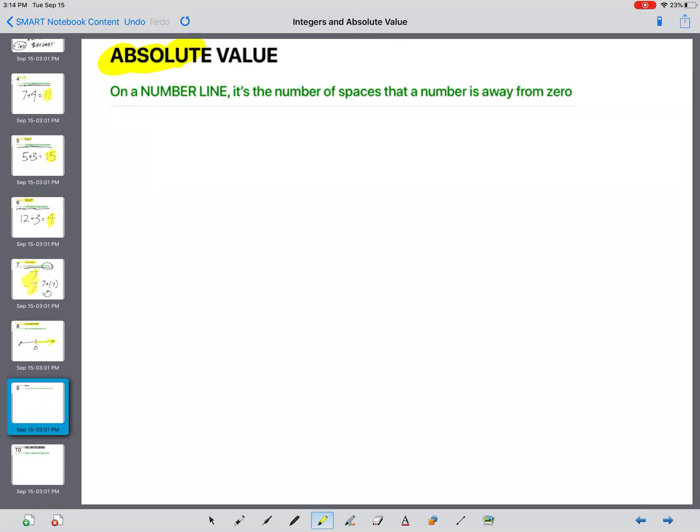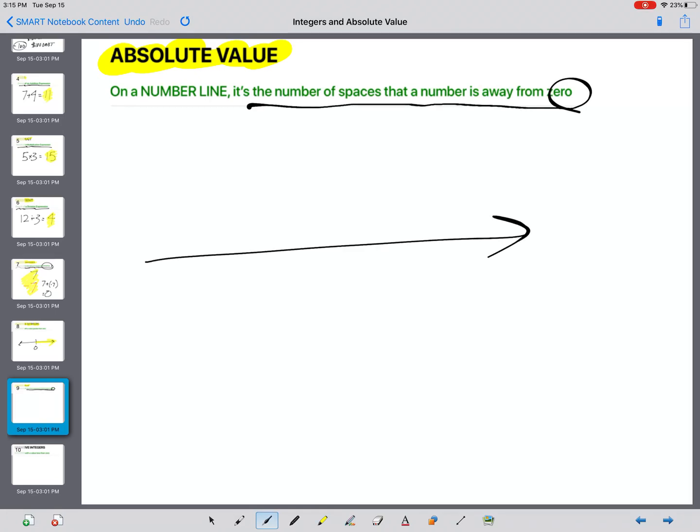Absolute value, that is essentially the number of spaces a number is from 0. So consider a number line, and consider the number 10. Well, 10 is 10 spaces away from 0. If you were to count all the way back to 0, you would have to count 10 spaces.